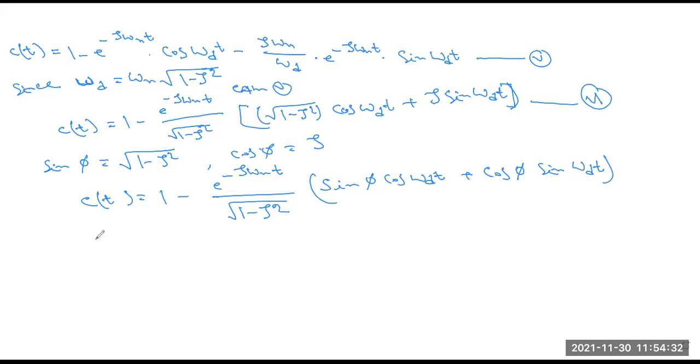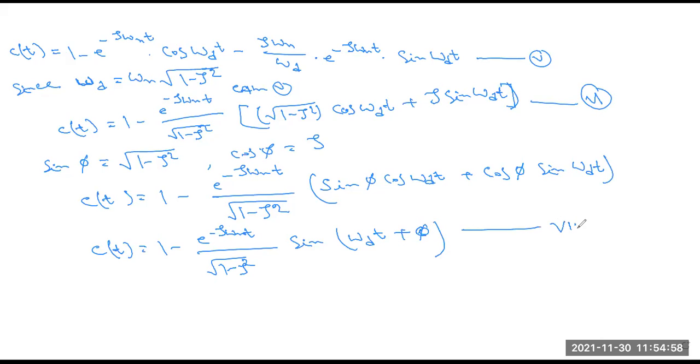So the next part is c(t) equals 1 minus e to the power minus zeta omega n t divided by root over of 1 minus zeta square, into sine. This is sine A plus B, that means sine omega d t plus phi. This is another equation, number 7.